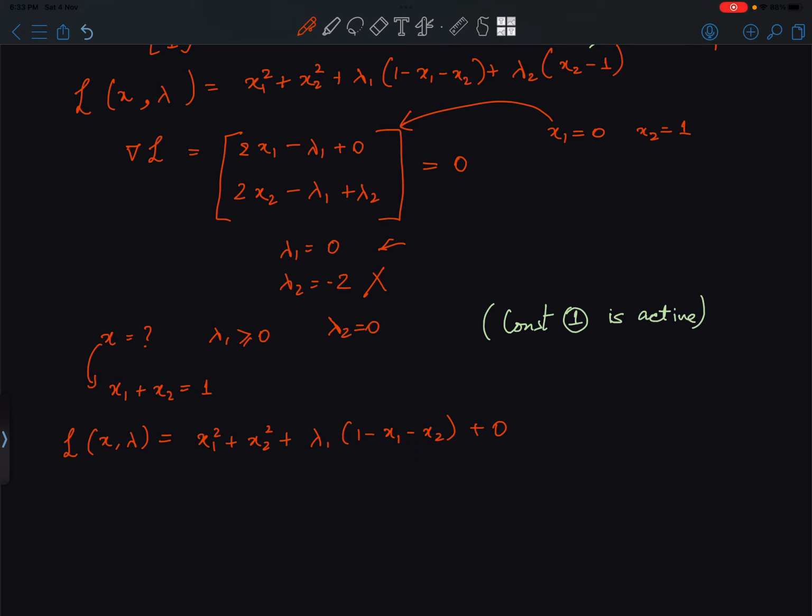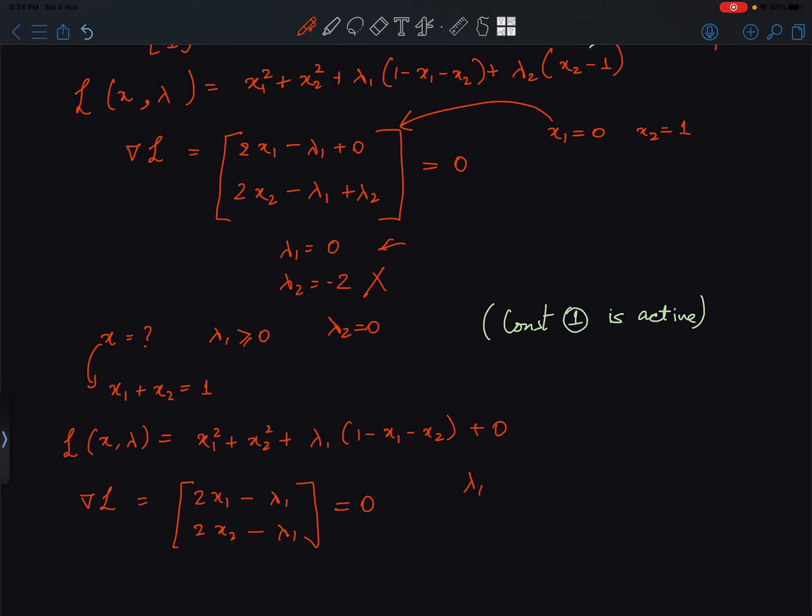Let us take the derivative of this: twice of x1 minus lambda 1, twice of x2 minus lambda 1 equals 0.